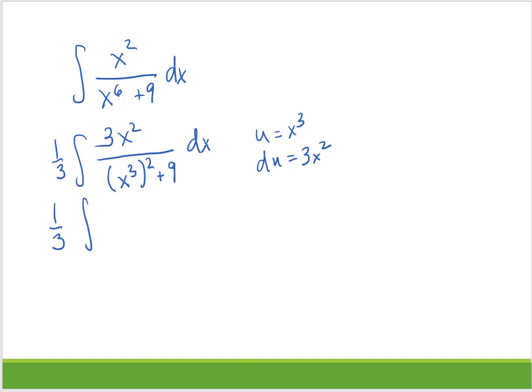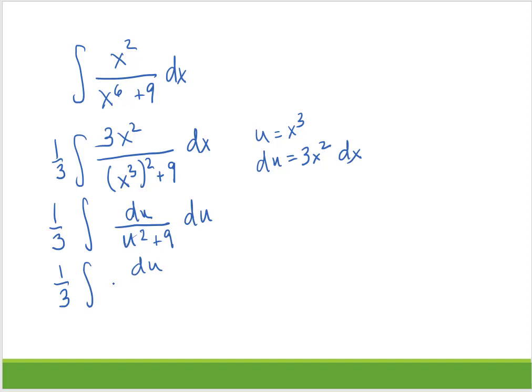So now I have du over, not x, u squared plus 9 du.